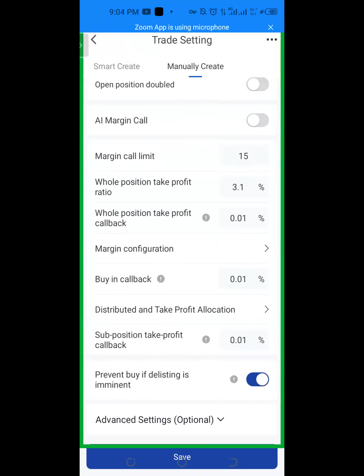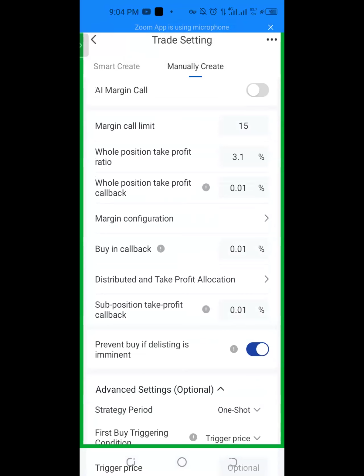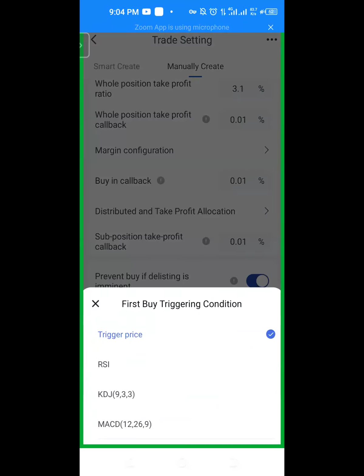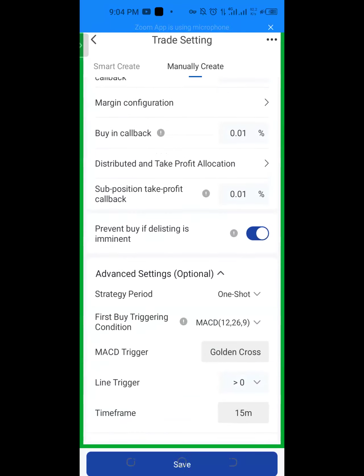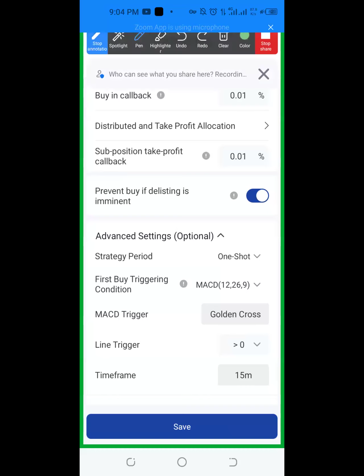So this is what really matters. At the bottom, where we are seeing advanced strategy, advanced setting, click it. Now click trigger price, click MACD indicator. That's the indicator we want to use. Then you can see that by default, it is always on golden cross.